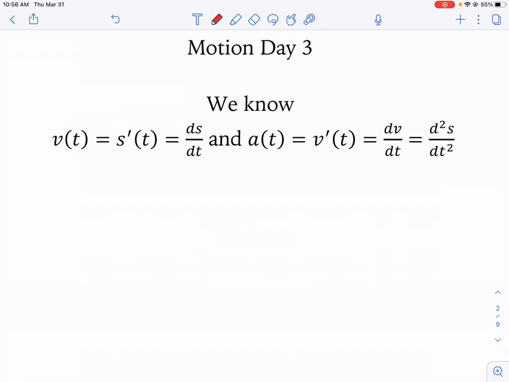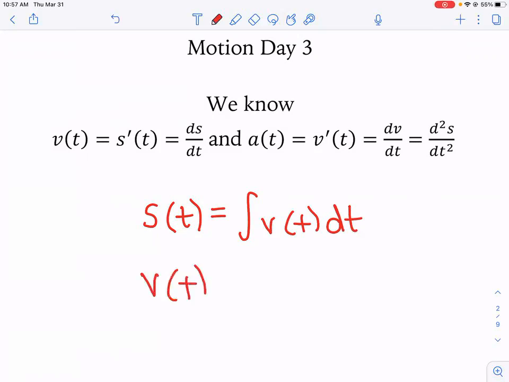Third derivative. No. What did you say, Cole? Antiderivative. The position is going to be the antiderivative of velocity. The velocity is the antiderivative of acceleration.